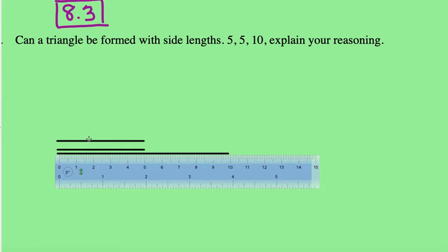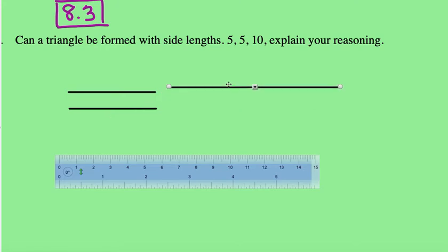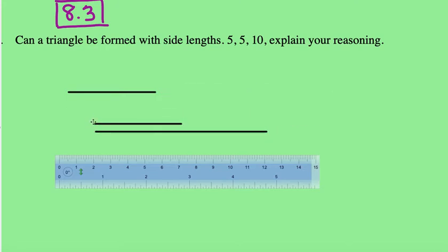So I actually took some segments here. I made one that was 5, another one that was 5, and I'm moving it up here. And then one that was 10. And you might remember that if I move this down, in order for these to actually create a triangle, you can see that it doesn't quite meet the edge of the triangle.